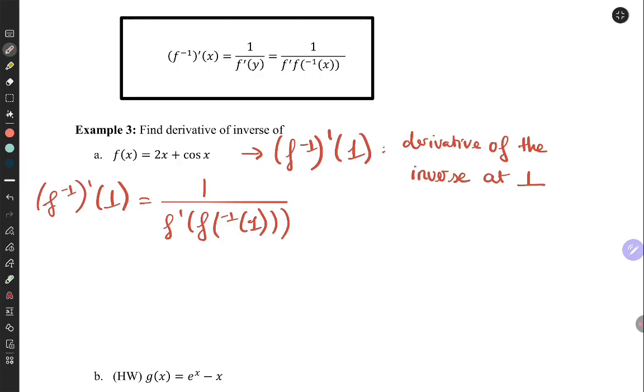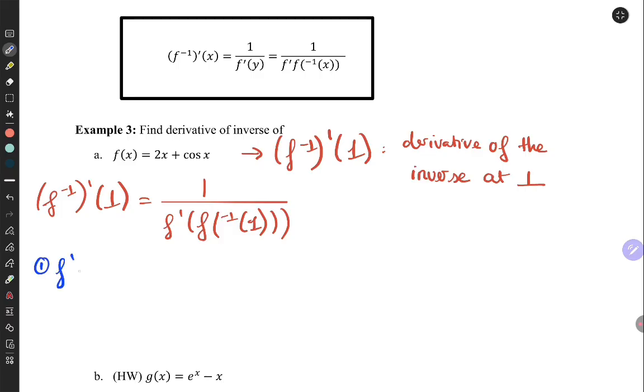Actually, 2. It's like peeling an onion, going from the outside in. You need to find the derivative first. Two things to find.